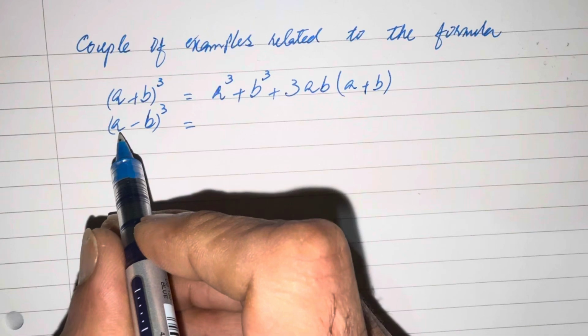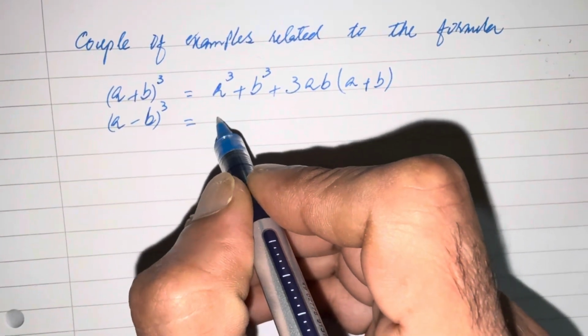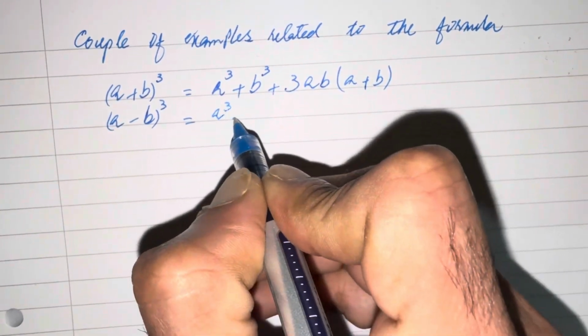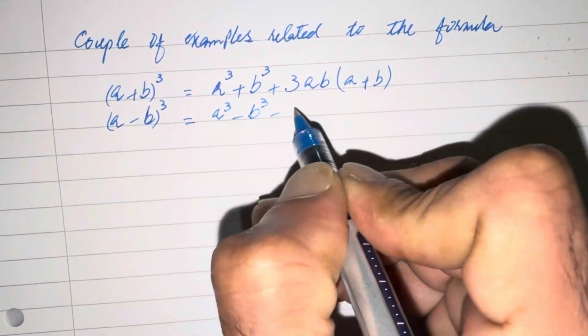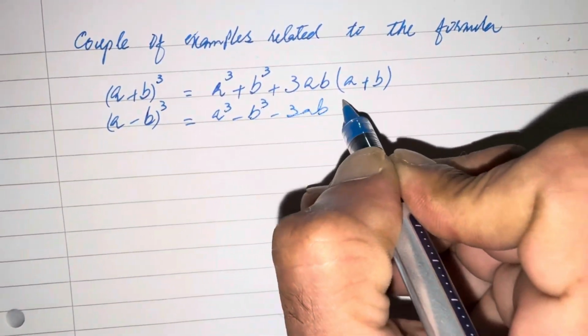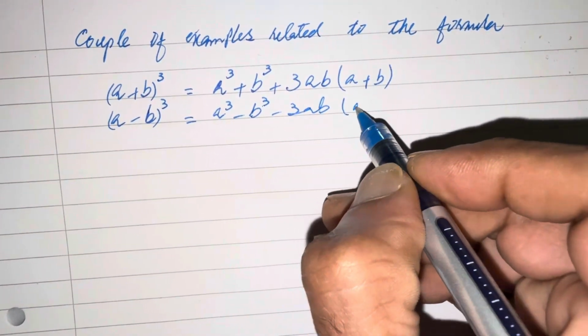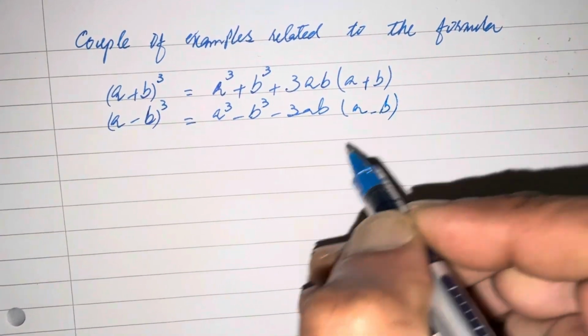And if you get the minus sign in between them, that will be equal to a cube minus b cube minus 3ab into a minus b.